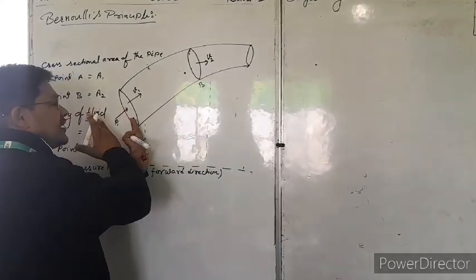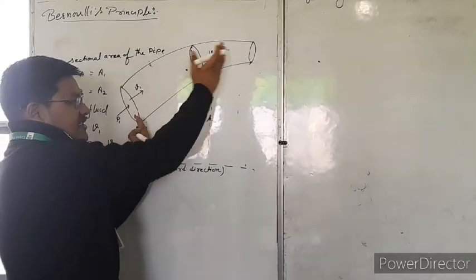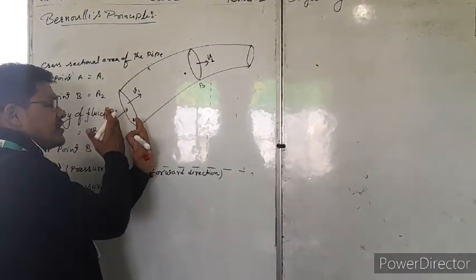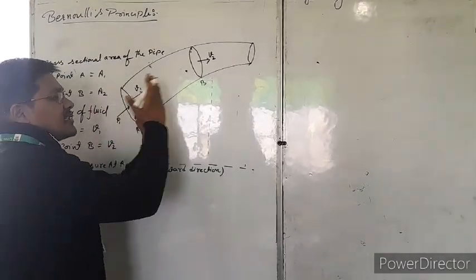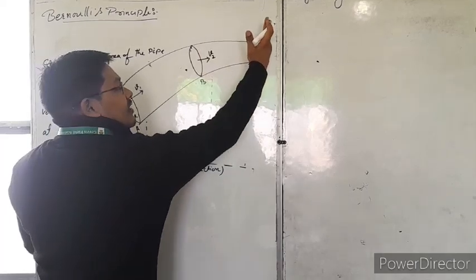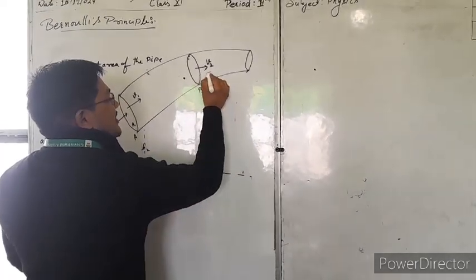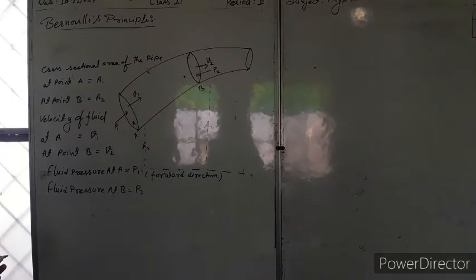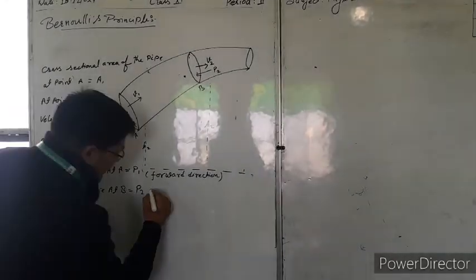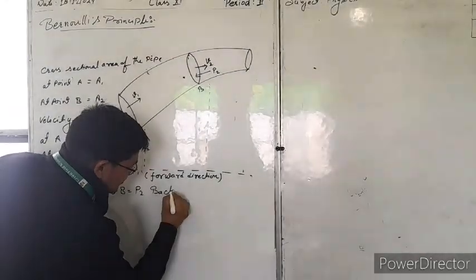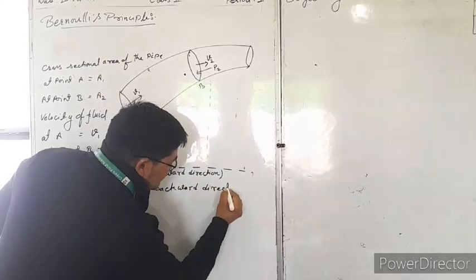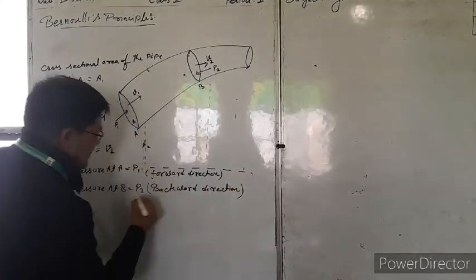From this point, some fluid is flowing in the forward direction, so the direction of the pressure on the fluid is forward. And at this point the pressure will be in the backward direction. So the fluid pressure P2 is in the backward direction. Is that clear? Yes, sir.